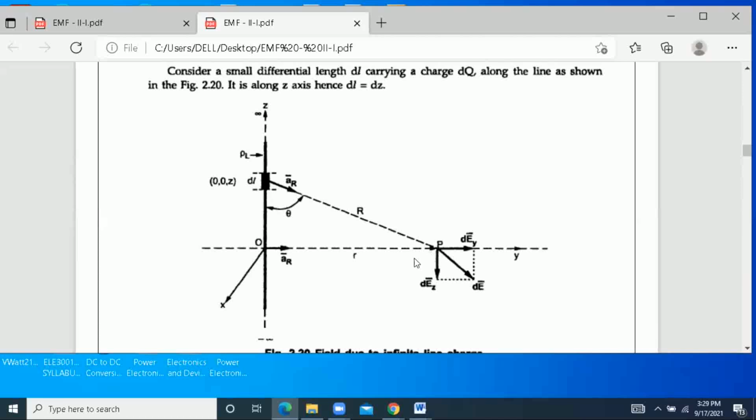Because if it's not on the origin, we can't make use of symmetry. Some x is going to come into play and the y is going to be some angle. So we're going to have it along the origin.